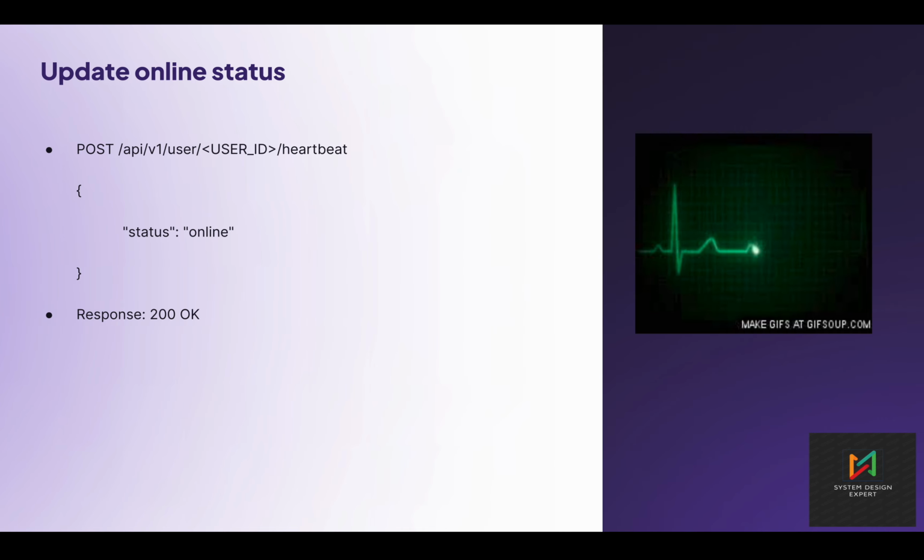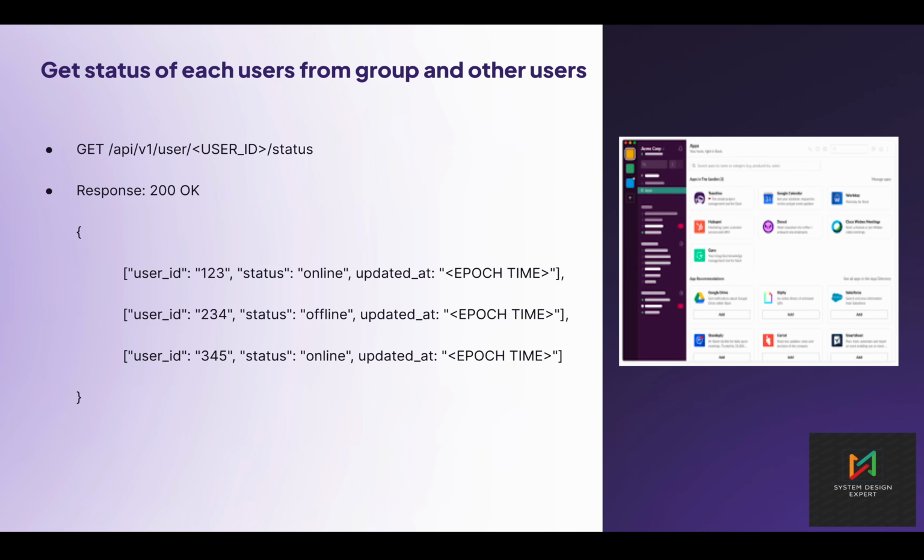For that heartbeat, the body can be anything. We just want to say, hey, status is online for me, and then we're going to get a 200 response saying that everything is okay, the API response is successful, and no need to process further.